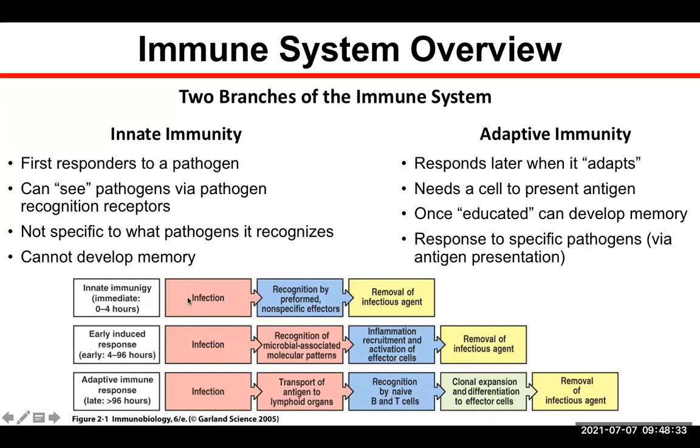Here I have a schematic of the typical time it takes for innate immunity to actually begin. Once an infection begins, we already have free floating molecules in us to prevent pathogens from going crazy.